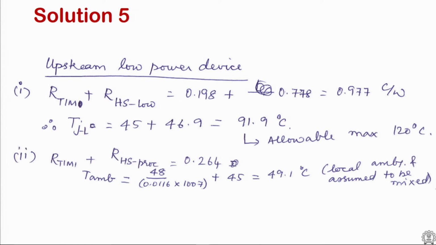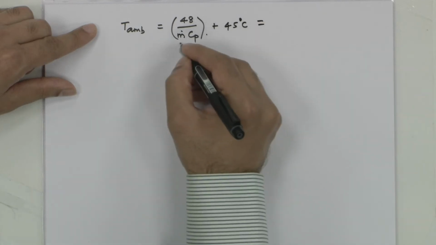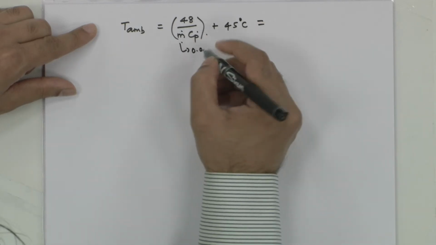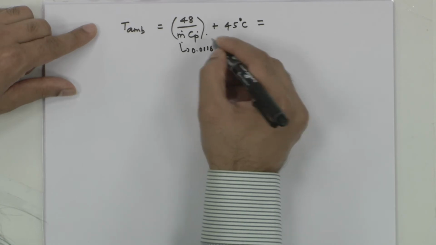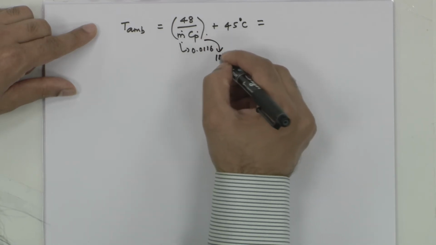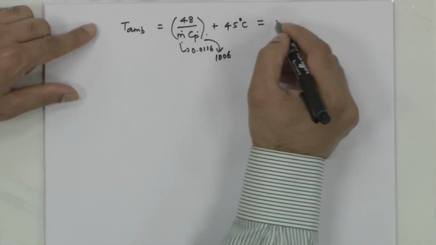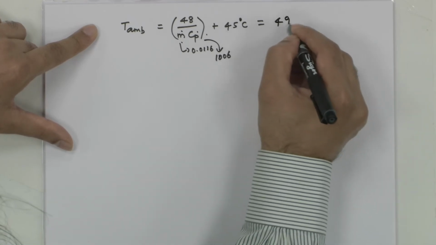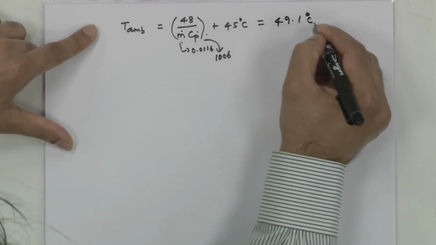So, using energy balance, m dot Cp gives the temperature rise across the low power device, plus the ambient temperature of 45 degrees Celsius. m dot is 0.0116, Cp is 1006, so we can calculate this to be 49.1 degree Celsius.